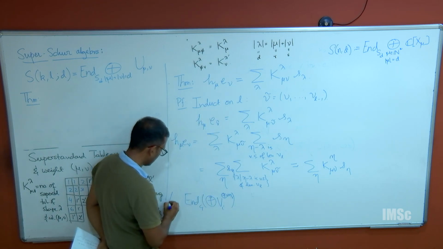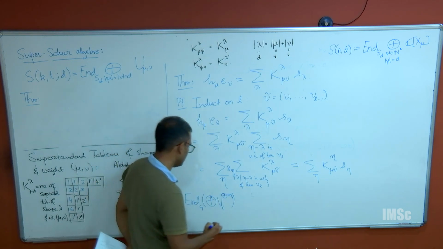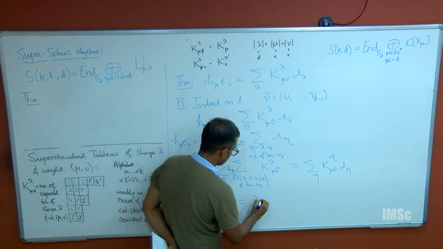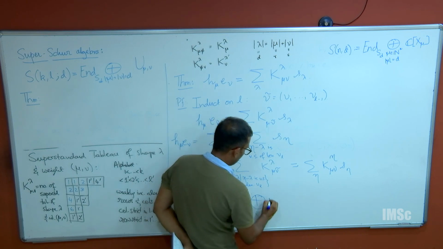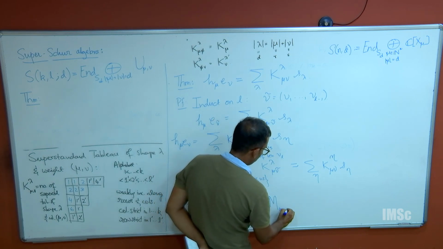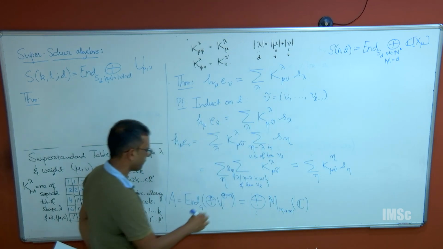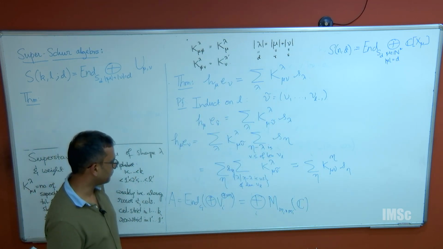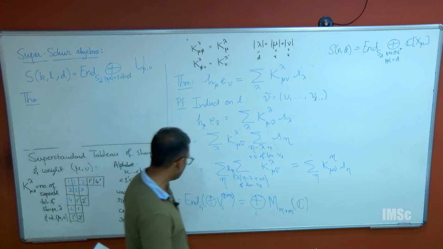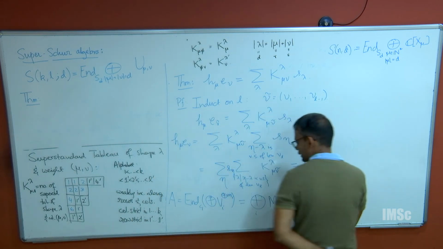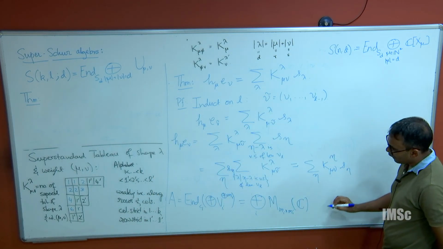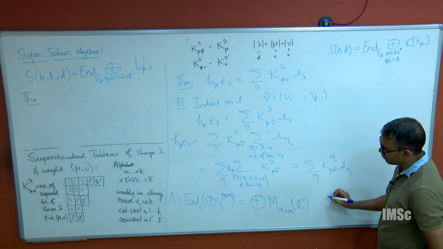So this is an algebra A. Then this algebra A becomes the sum over i of mi by mi matrices, those multiplicity spaces. And so what that means is that the irreducible representations of A are actually C to the power mi.